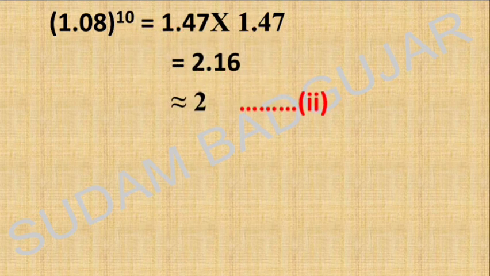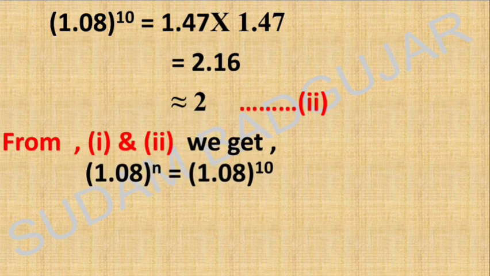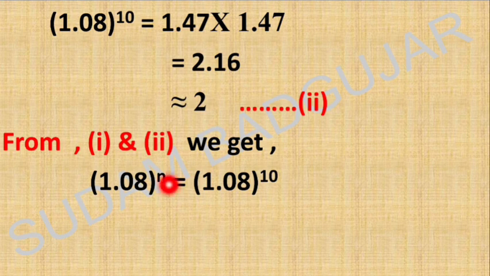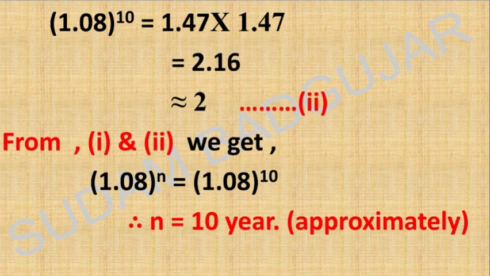Okay, this is equation number 2. From 1 and 2 we get 1.08 bracket raised to 10 is equal to 1.08 bracket raised to n. So here the bases are the same, then the powers should be the same, that is n is equal to 10. Okay, means after 10 years the value of the amount will be double.